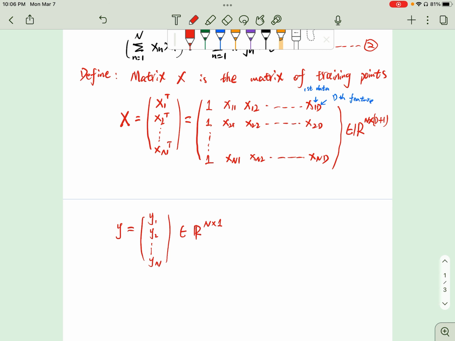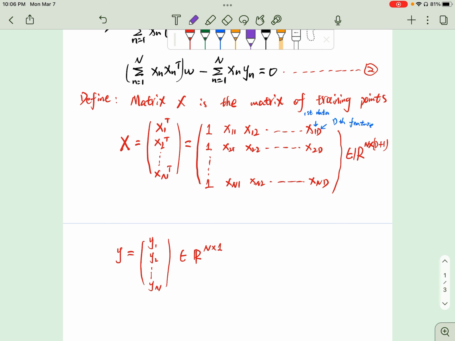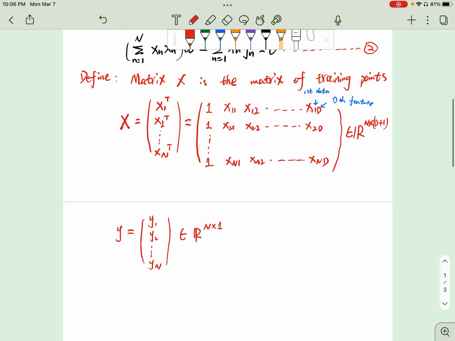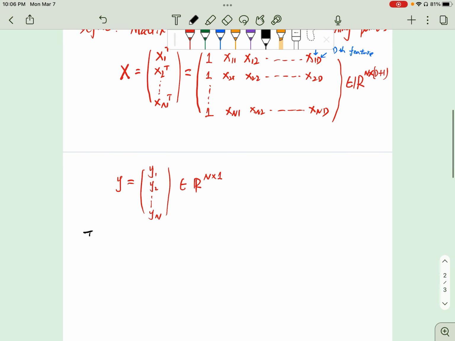Now you should convince yourself that we can write this equation 2 in the following matrix form.